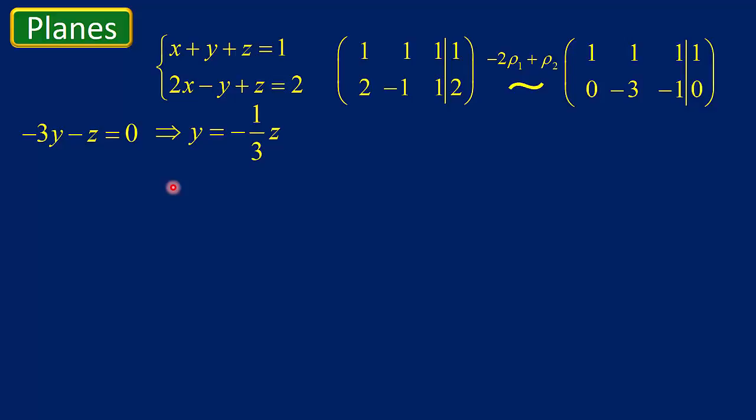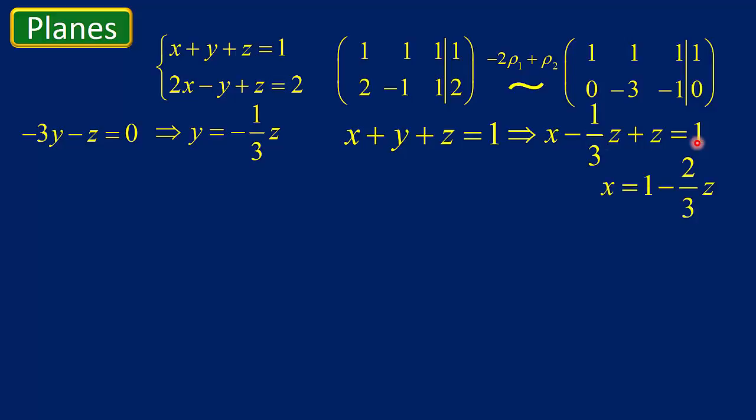So in other words, if z is equal to itself, y is equal to -1/3 z, and then I've got x plus y plus z equals 1. Well, that means that x plus y, that's x minus 1/3 z, because that's what y is, plus z equals 1. That means that x equals 1 minus 2/3 z.